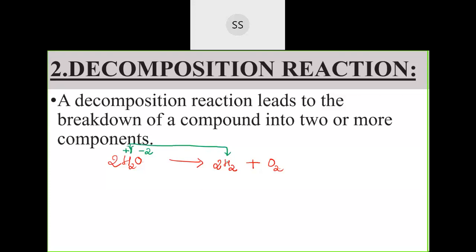In the elemental state, the charge on them is 0, correct? So from +1 to 0, what has happened? You tell me. Yeah, reduction, correct. +1 to 0, reduction, because you are going this side.